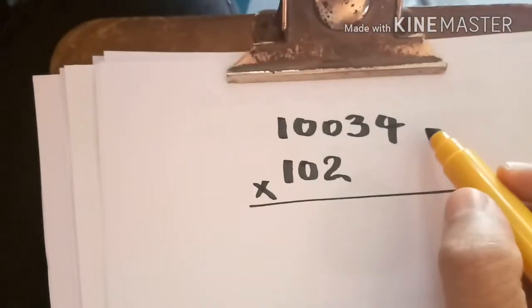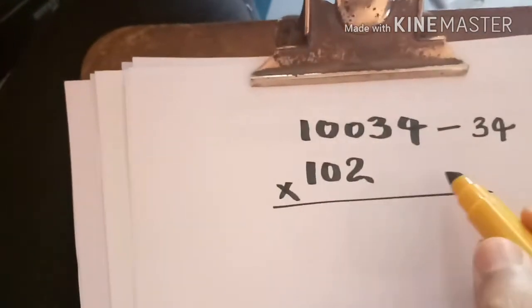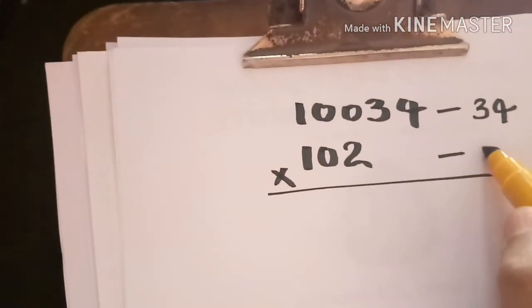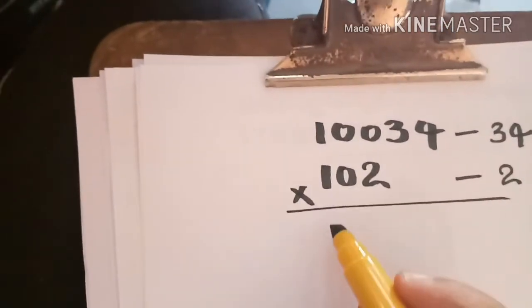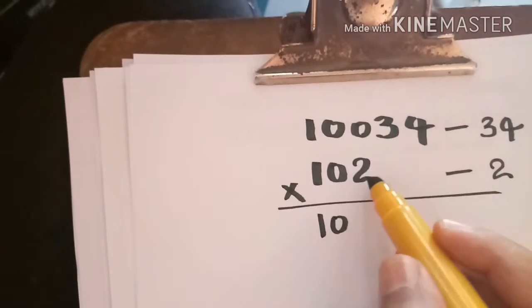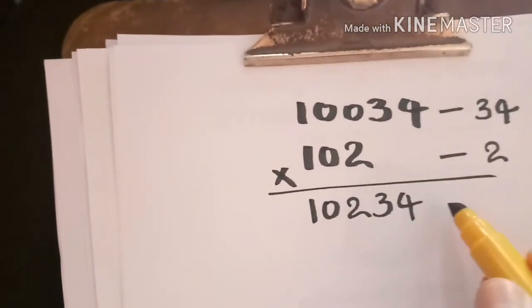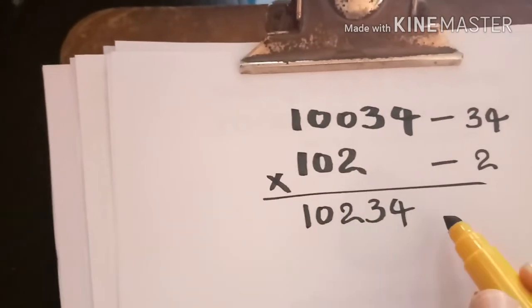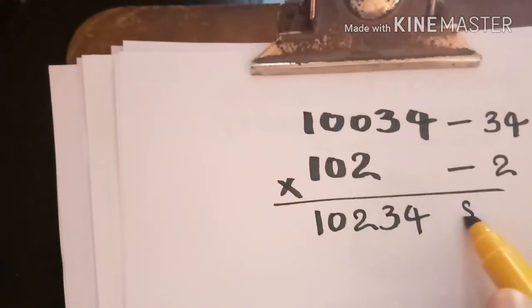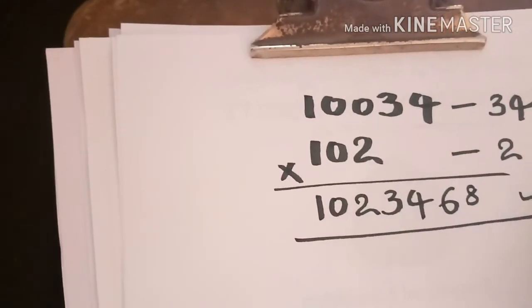It is 34. Then next, how many above 100? It is 2. Simple, you can write 100 and 2 3 4 as it is. So 34 times 2: 2 4s are 8, 2 3s are 6. That is the answer. That's it.